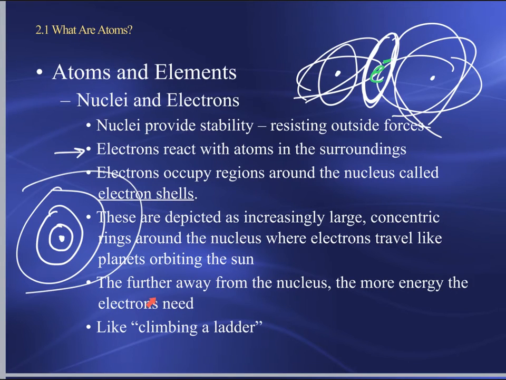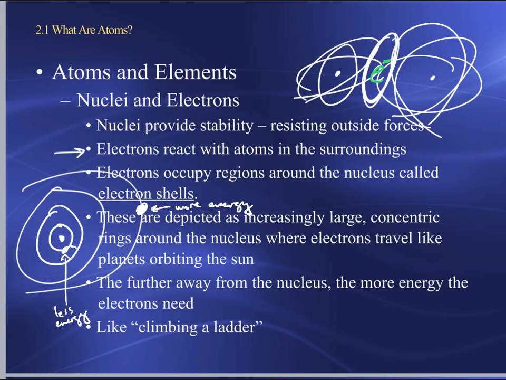The further away from the nucleus, the more energy the electron needs. So if an electron is all the way out here, this electron has more energy than one that is inside here, which has less energy. It's kind of like climbing a ladder.